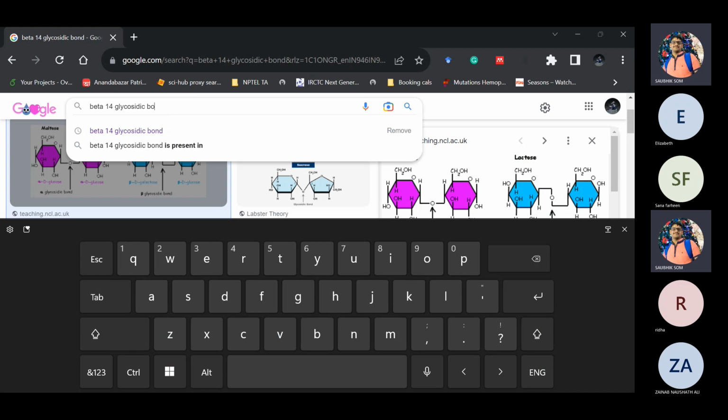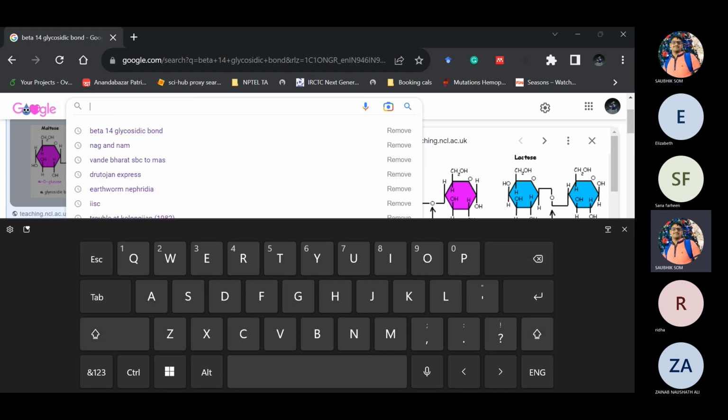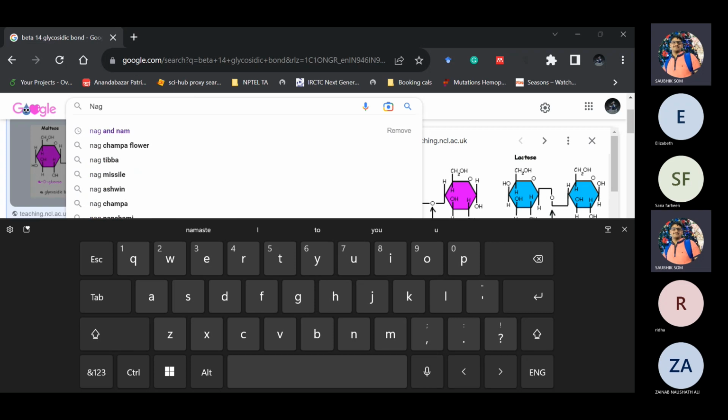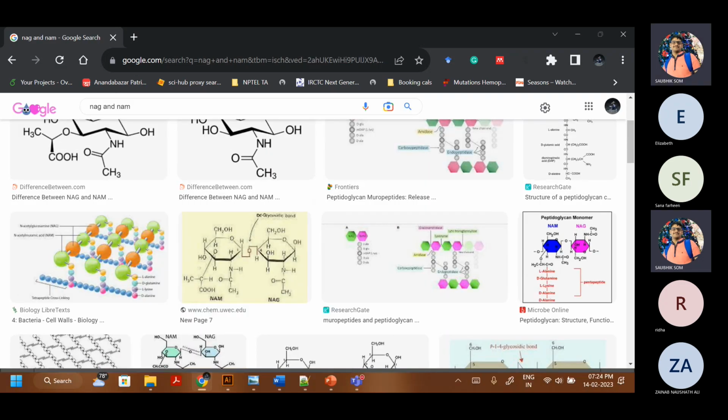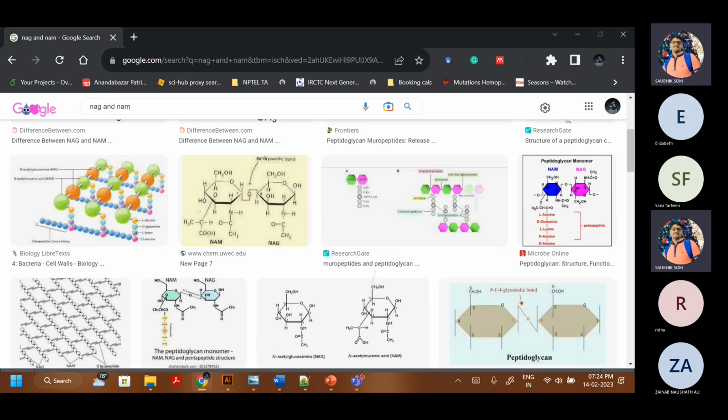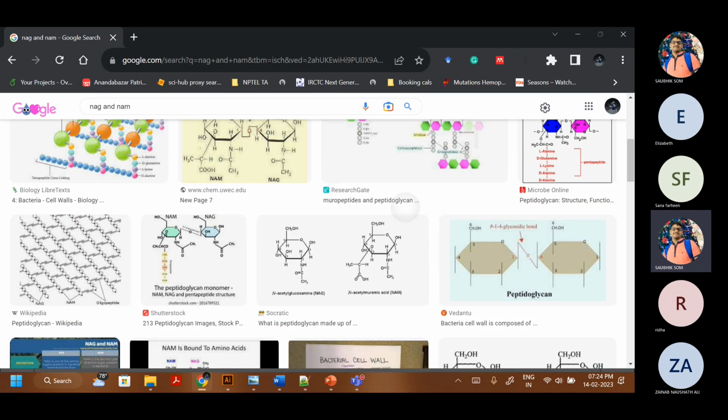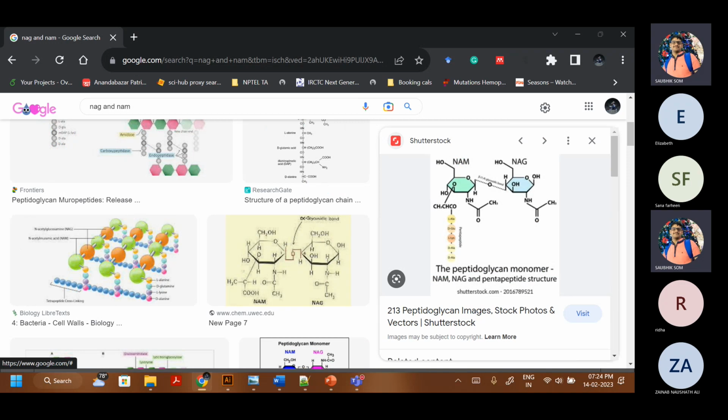If I show you NAG and NAM: N-acetylglucosamine, N-acetylmuramic acid, and N-acetylglucosamine. So this is a beta 1,4 glycosidic bond.